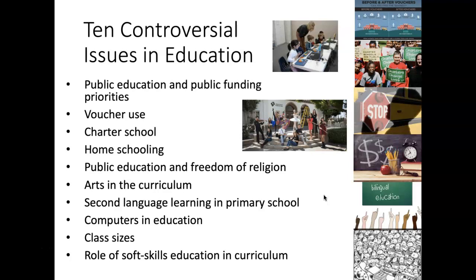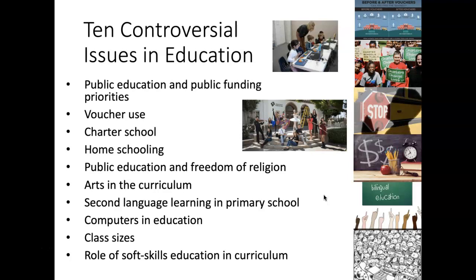The third is charter schools, schools that are started by parents to teach in a particular way. They may be a charter school based on STEAM, where science, technology, engineering, arts, and math are the focus. They could be an arts-based educational charter school. The fourth is homeschooling, and there's some debate about whether homeschooling is the right environment for children to learn.